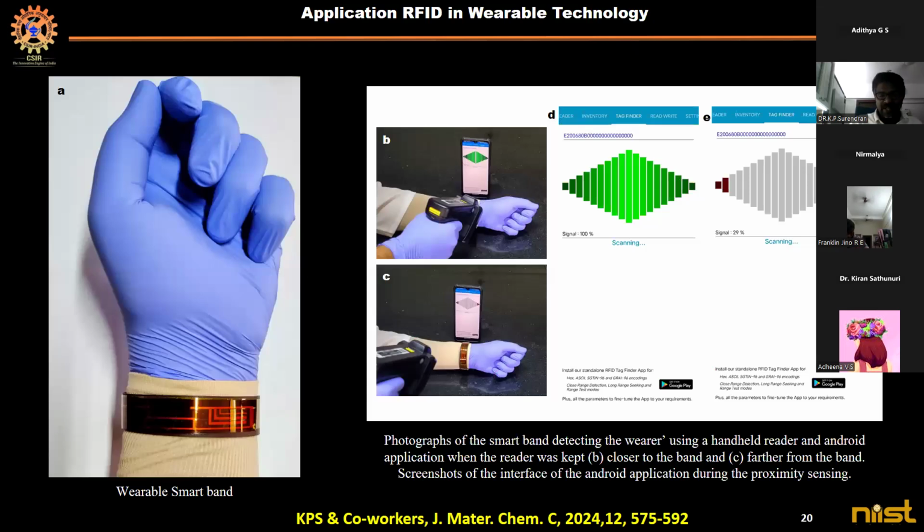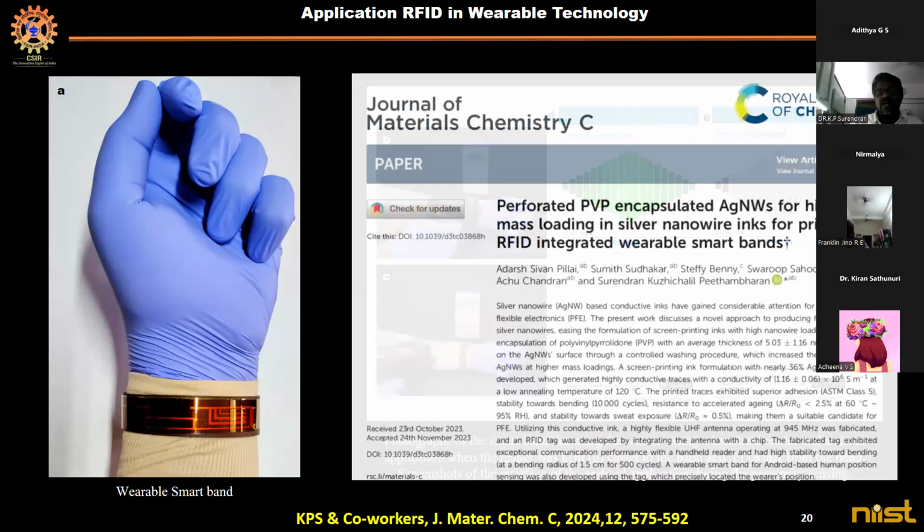Using that RFID antenna, due to the paucity of time I'm not elaborating, we have made an RFID-integrated proximity sensor. These sensors are limited by the capacity of the RFID reader.